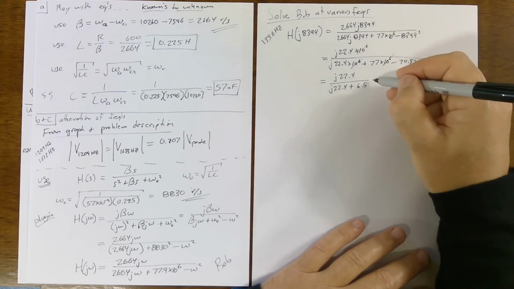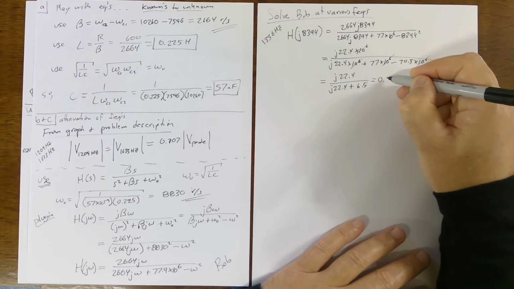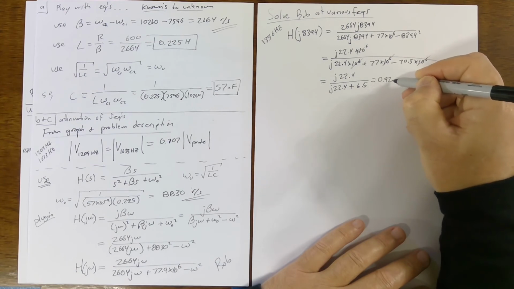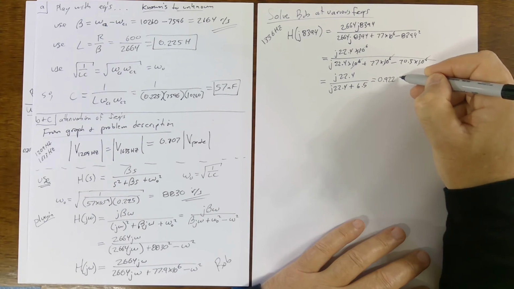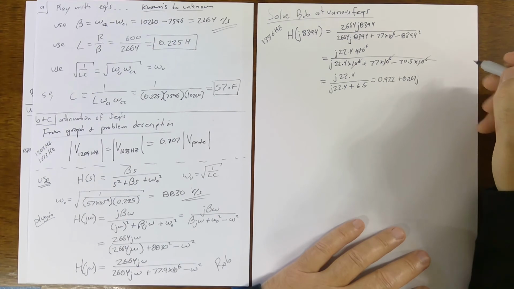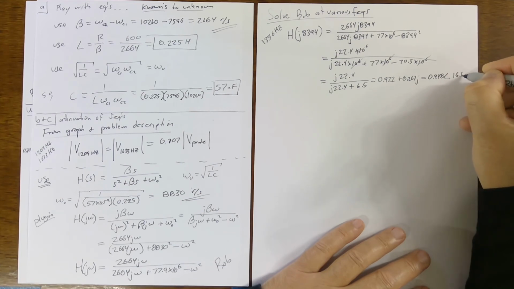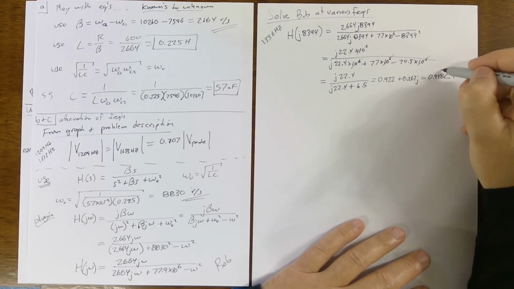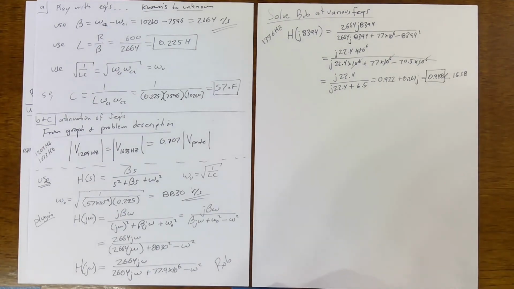It's two complex numbers, so you put those into your calculator and you get another complex number, 0.922 plus 0.267j. And if you put that in polar form, you get 0.948 with an angle of 16.18. This is the attenuation of this middle frequency.